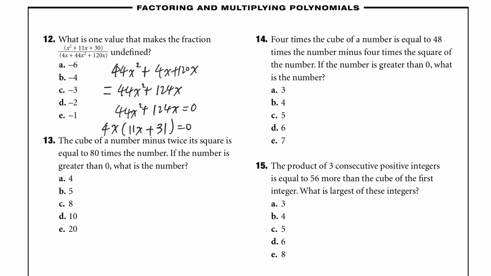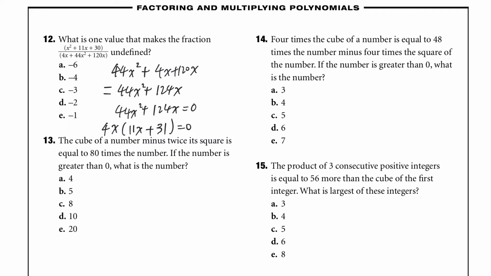Did I do this correctly? That's odd. 44x squared plus 4x plus 120x.